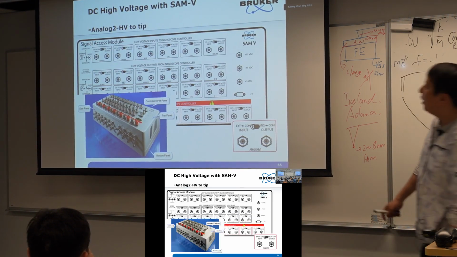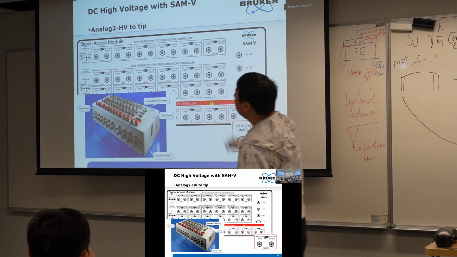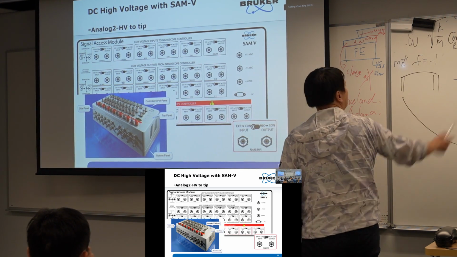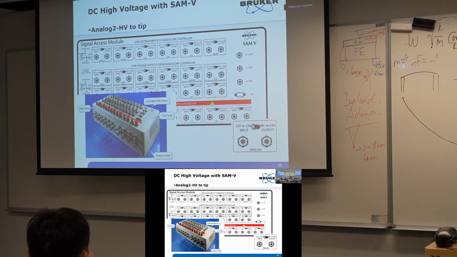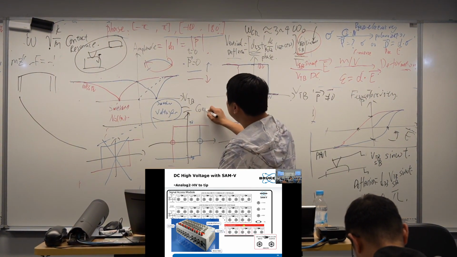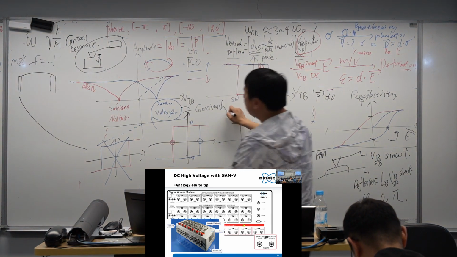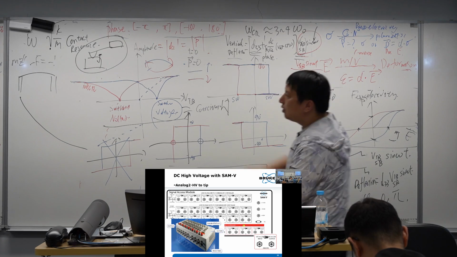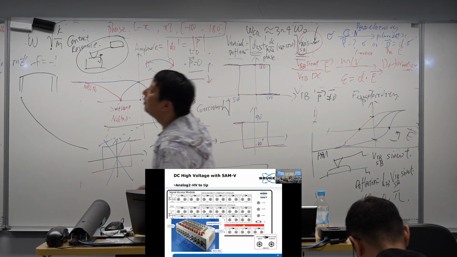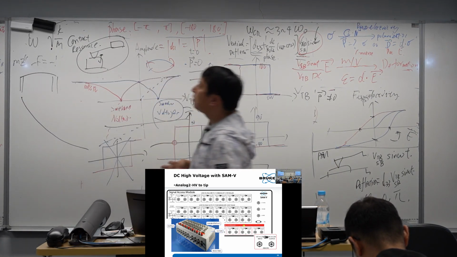Or you can use another high voltage power source and apply high voltage DC signals on the samples, because sometimes the switching voltage is large. If your sample is thick, the switching voltage equals the coercivity times the thickness. If your sample is too thick, then the switching voltage will be large, and you may need to use the high voltage source to get the hysteresis loops.